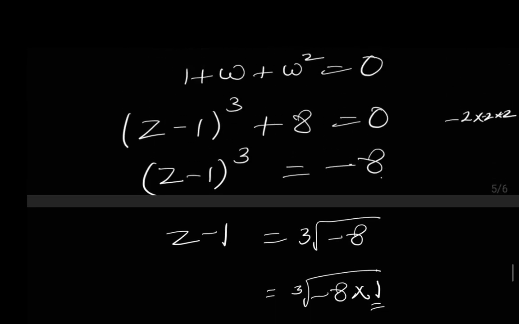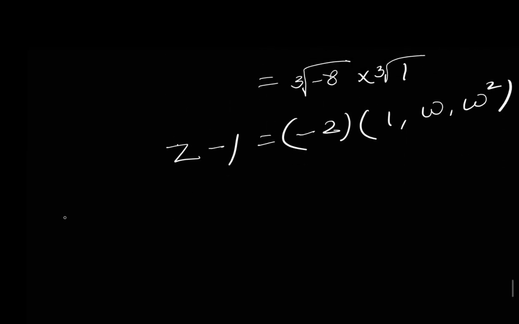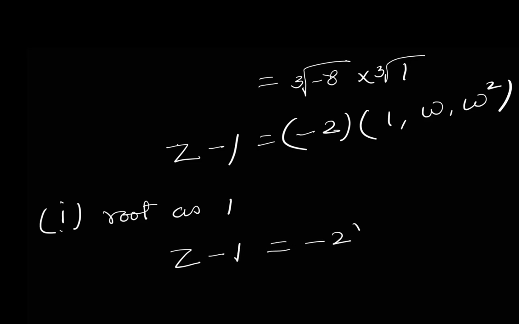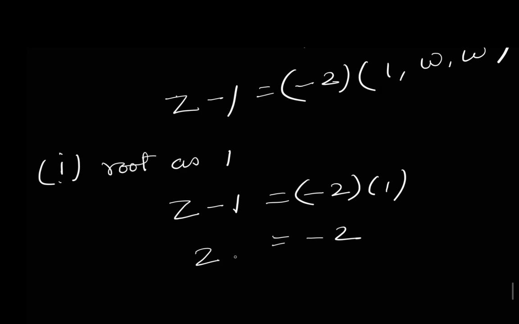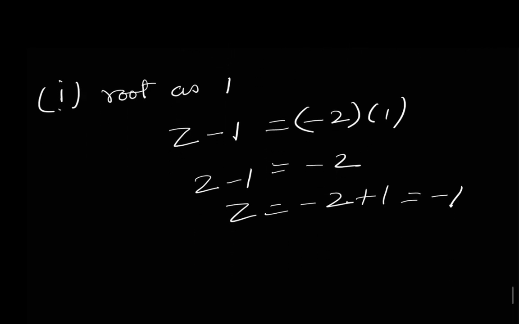The first case, I take the root as 1: z minus 1 is equal to minus 2 into 1, so z minus 1 equals minus 2, z equals minus 2 plus 1, that is minus 1.